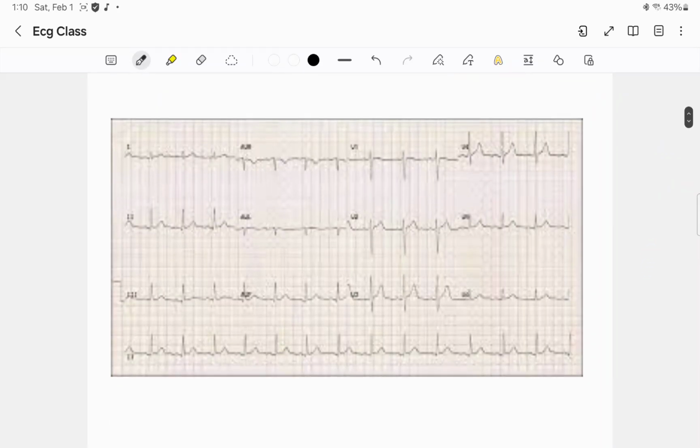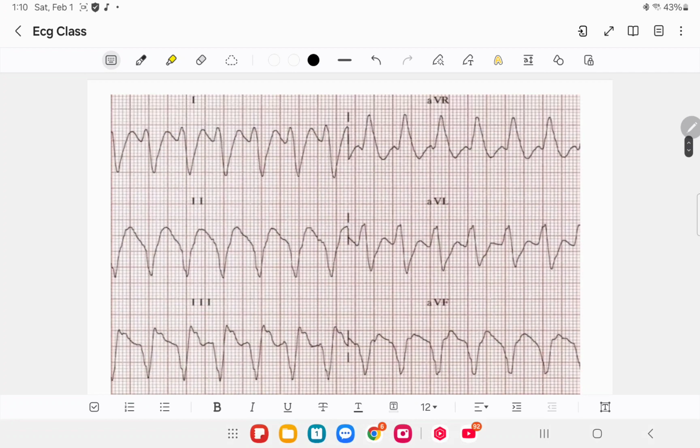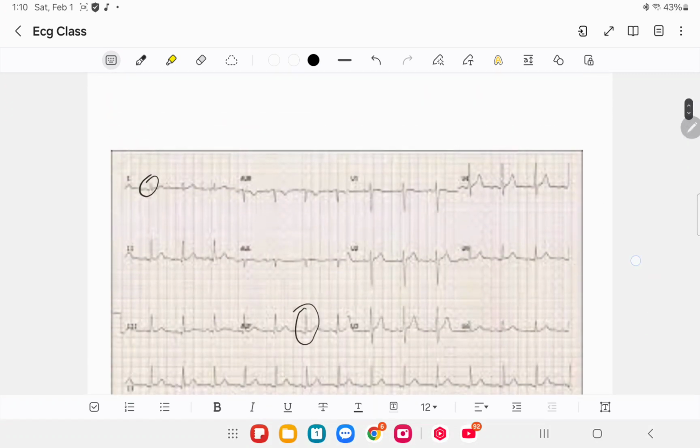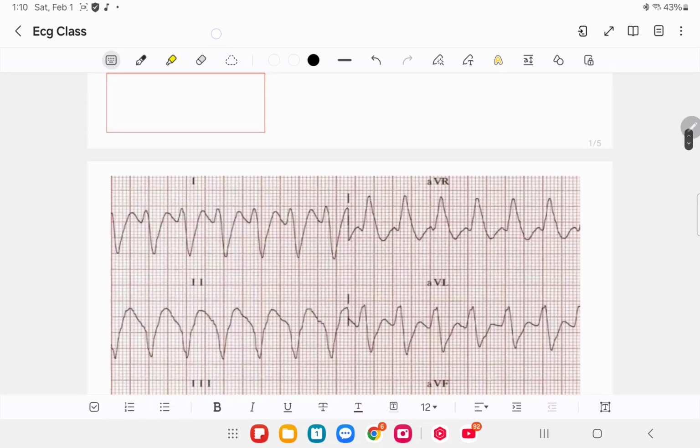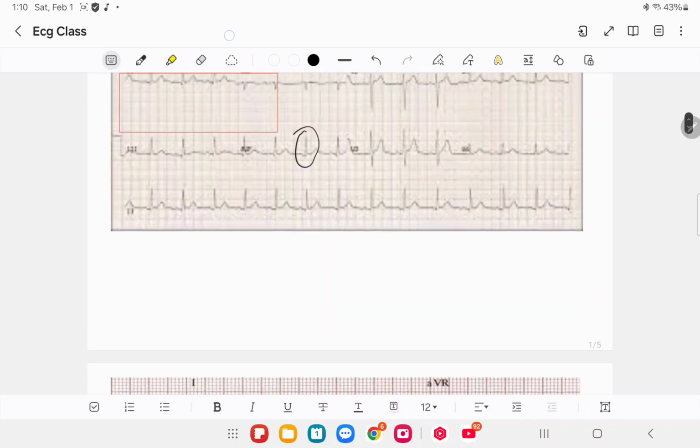So in this one, it's basically the same. So this is lead 1, it's upright, right? Positive. Lead AVF, upright, positive. So just for consistency, let's do it all properly. Put that text box where it's supposed to go.